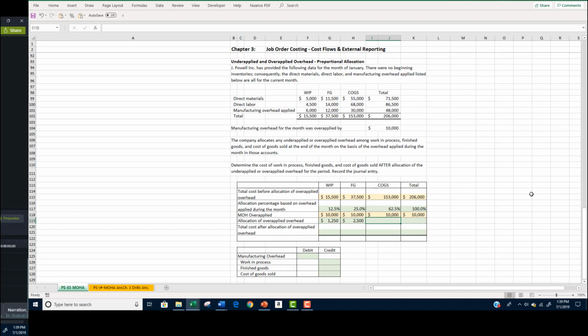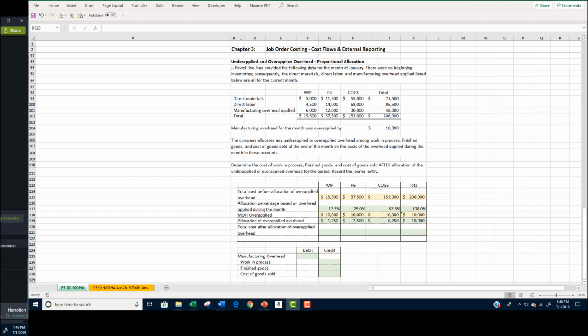Cost of goods sold is 62.5% times $10,000, or $6,250. Adding the three accounts gives us a total of $10,000. We have allocated the over-applied amount.